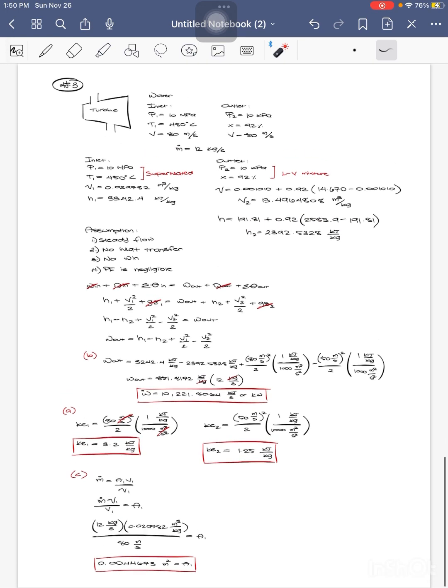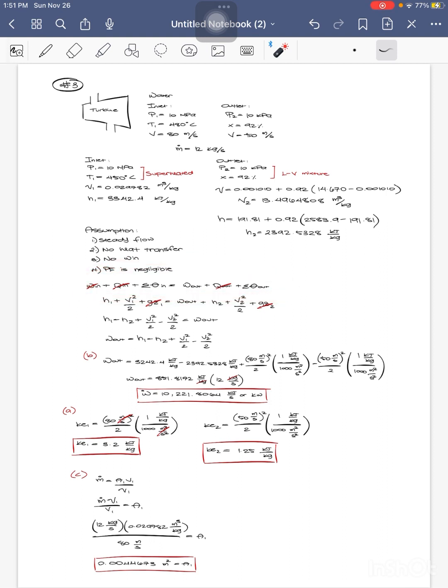Next, I listed down the assumptions. First is the steady flow process. Next, we don't have heat transfer, third, we don't have any work in, and lastly, PE is negligible. I then canceled out the values based on our assumptions.